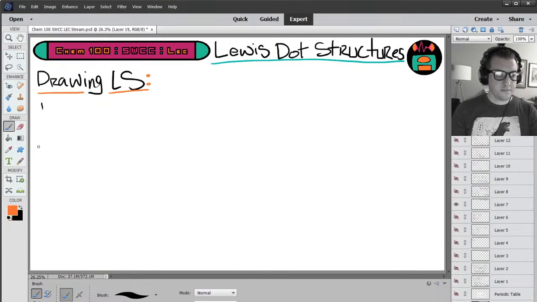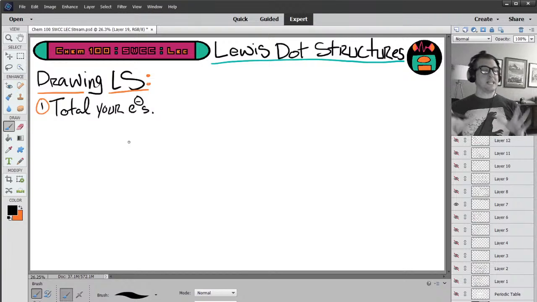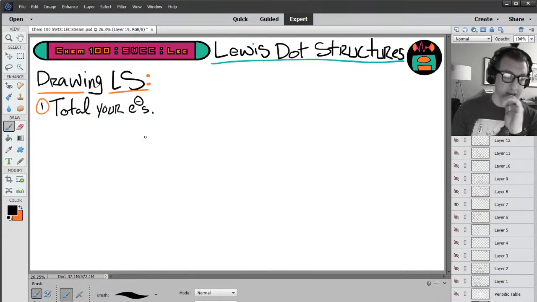You want to get a total electron count. Total your electrons. All right, building a molecule is like building a house. You have a budget, and the budget is the number of electrons you have to spend, and you'll see how you use them momentarily.